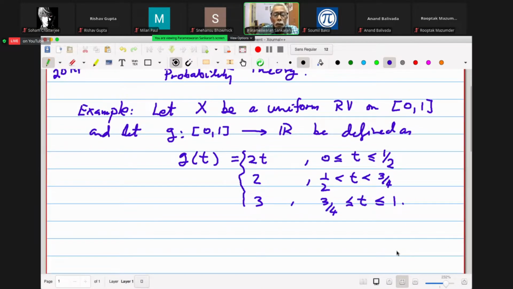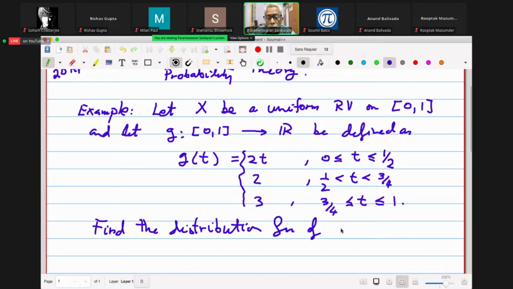Okay. Now find the distribution function of g of x.